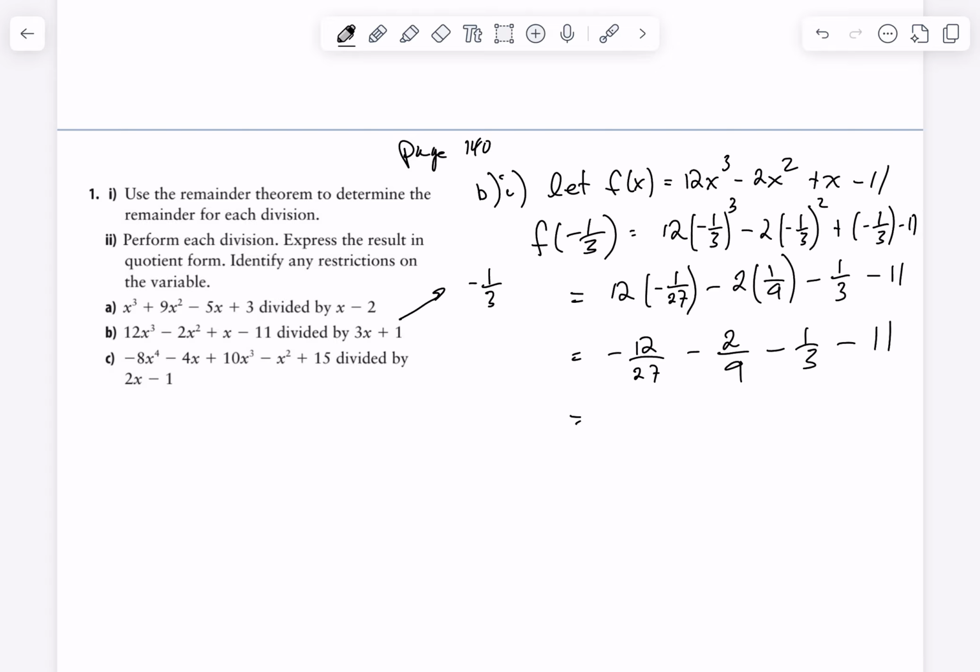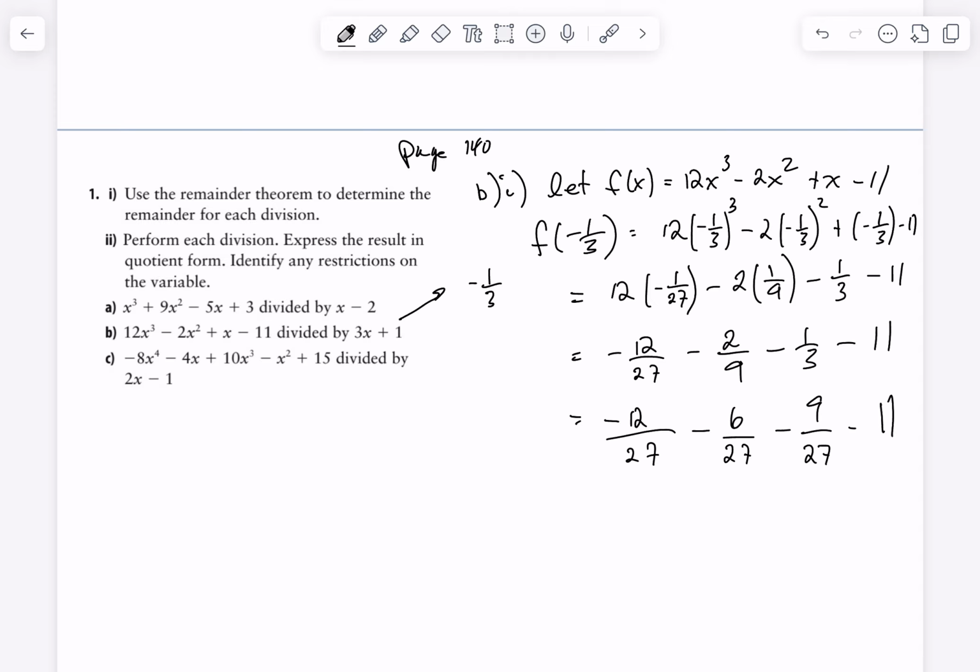Okay, so this is going to be negative 12 over 27 minus 2 over 9 minus 1/3 and minus 11. I need a common denominator to be able to do any of this. So negative 12 over 27, minus, 9 goes into 27 3 times, so that's 3 times 2 on the top, which would be 6 over 27, minus 9 over 27 because 3 goes into 27 9 times, and then minus 11.